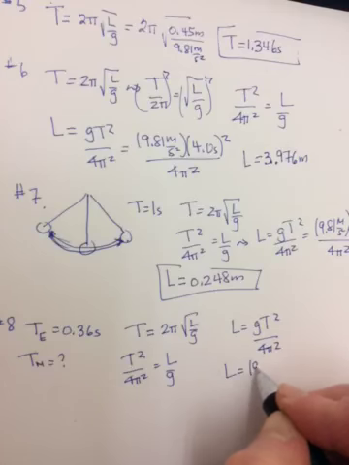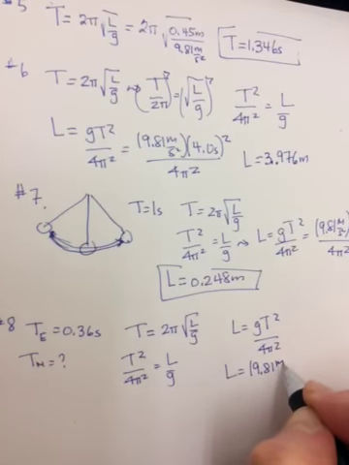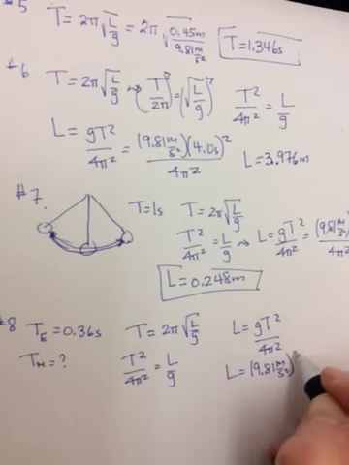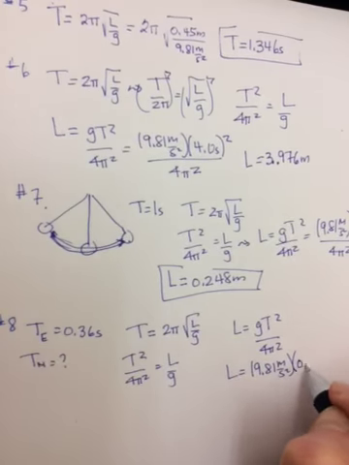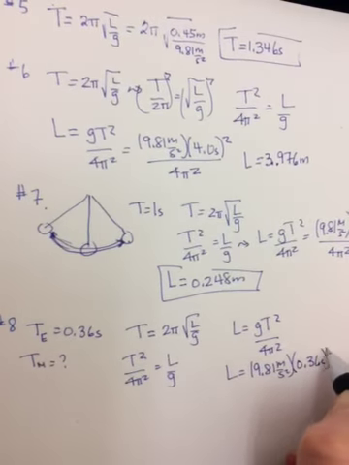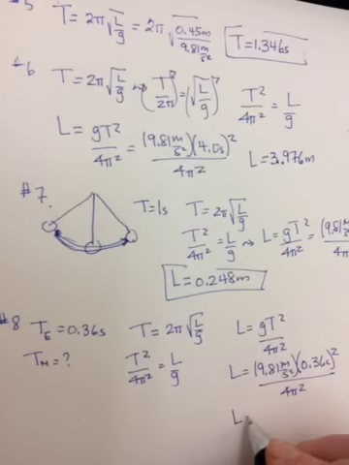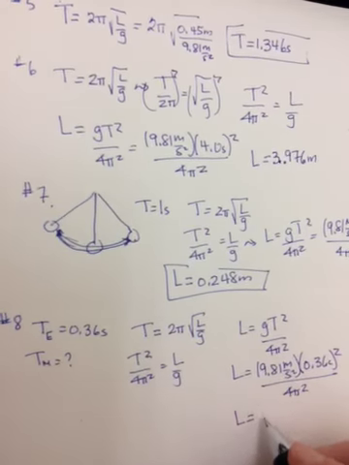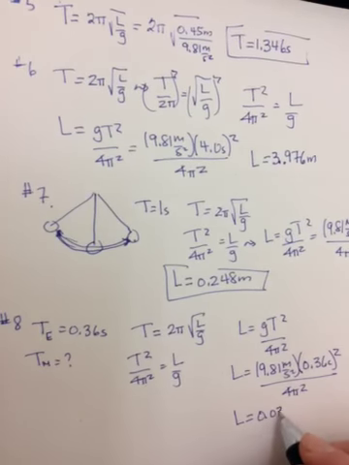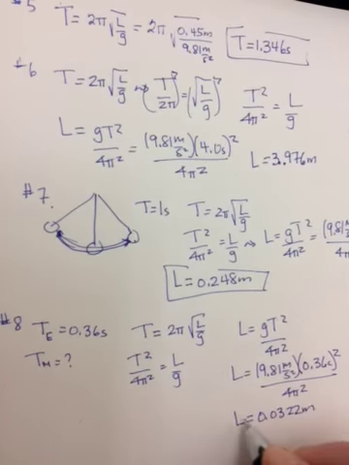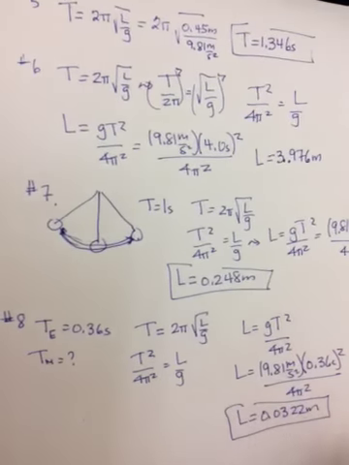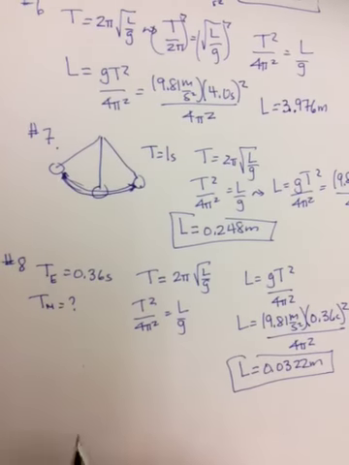On the Earth, g is 9.81 meters per second squared. The period is 0.36 of a second, squared, over 4 pi squared. And you will get an L of 0.0322 meters.